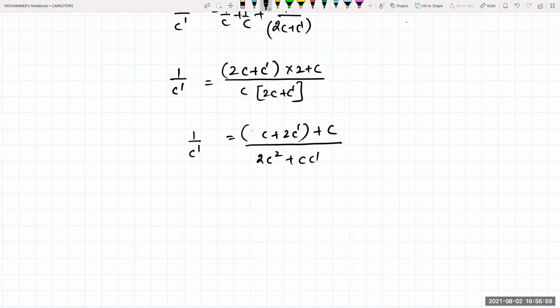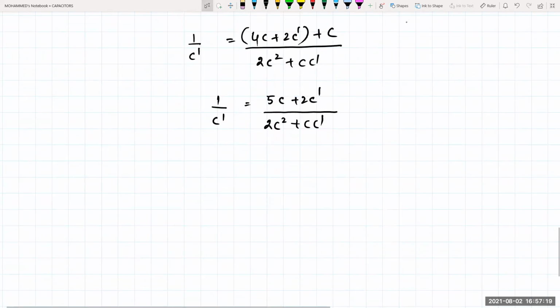So this will become 4 into C. If I add this one, how much do I get right now? This will become 5C plus 2C dash, divided by 2C square plus C into C dash, 1 by C dash.